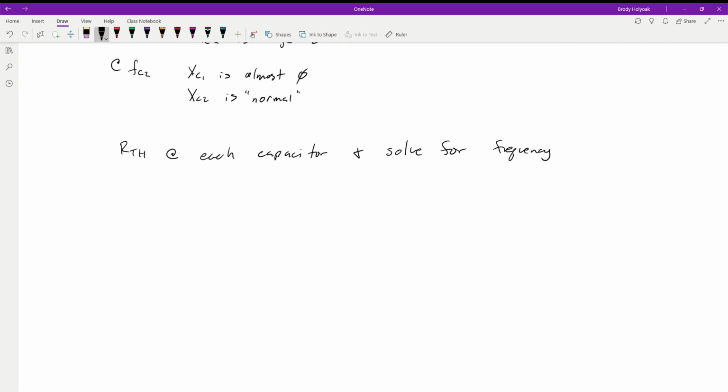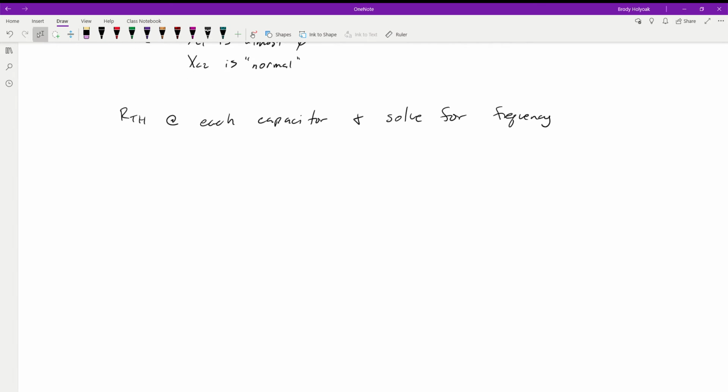The higher the value of the capacitance, the lower the frequency that it's going to be. The lower the capacitive value, the higher the frequency is going to be. So that's the way to distinguish which one we need to use for the high end or for the low end. In this case, C1 is our larger capacitance value, C2 is our smaller one, generally. Not always the case, but generally that's what's going to happen.